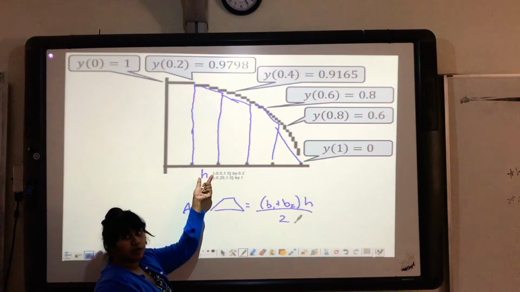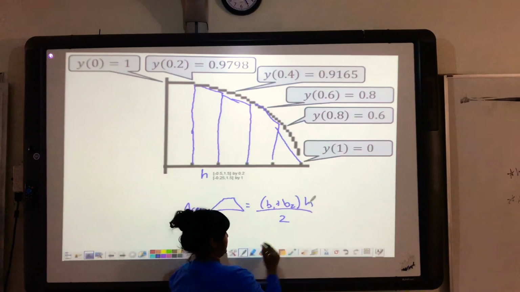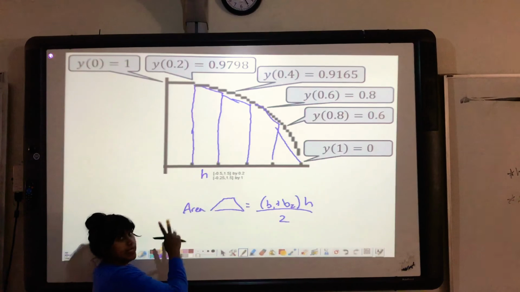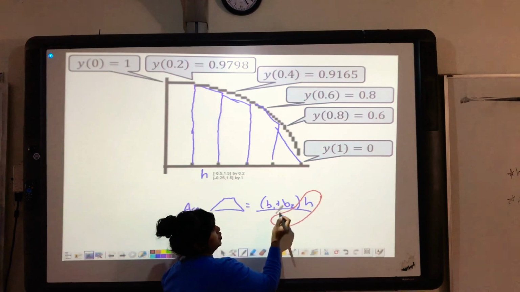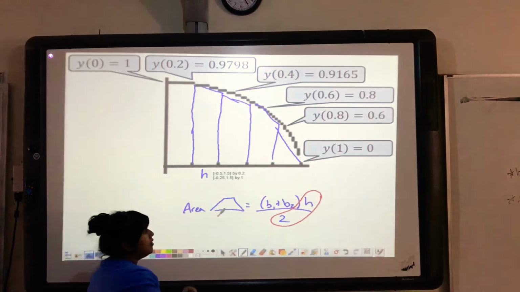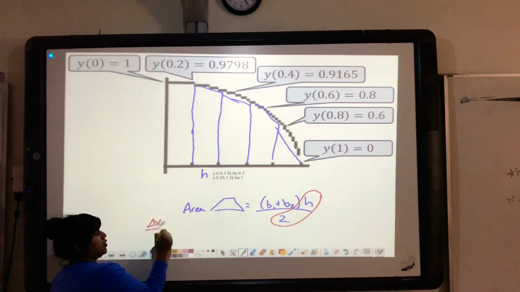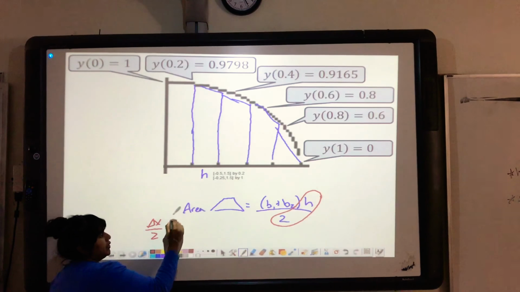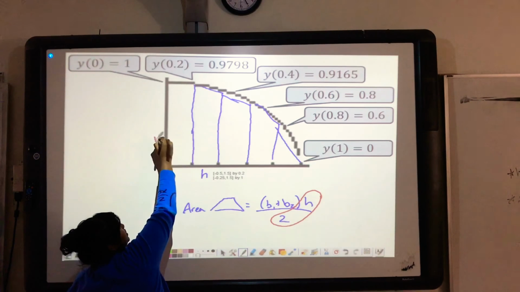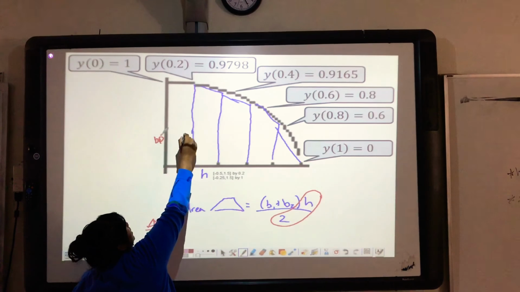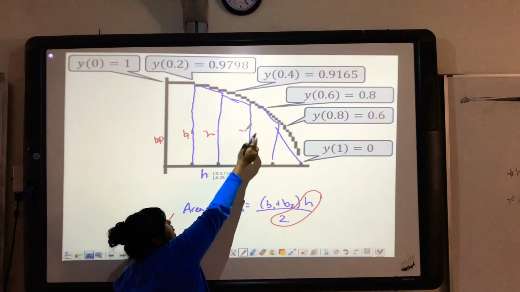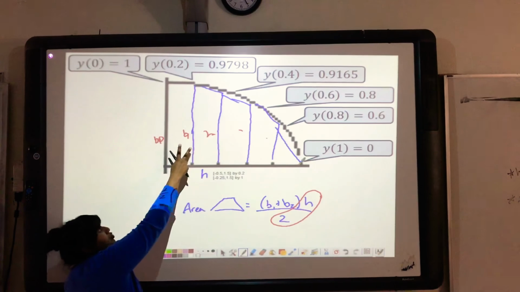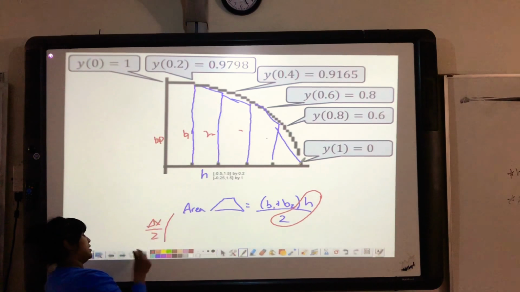Okay, we know our heights. Our heights are always going to be the same because it's equal width. And our over 2 is always going to be the same. So we pull that out, we factor it out, and that's where we get that delta x over 2 on the outside. And then we're going to multiply by our bases. The first base is this one right here, base 0, and then base 1, base 2, base 3, base 4, base 5, etc. But remember, with trapezoids, we use multiple bases.